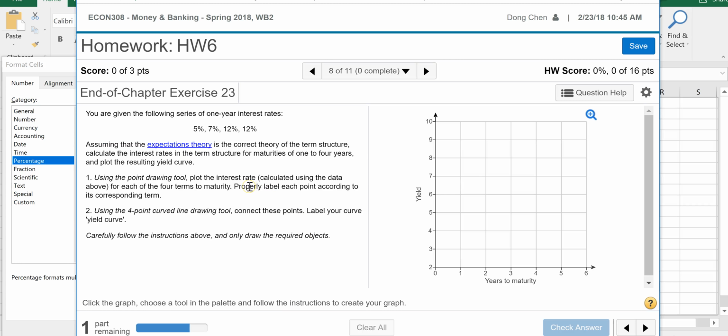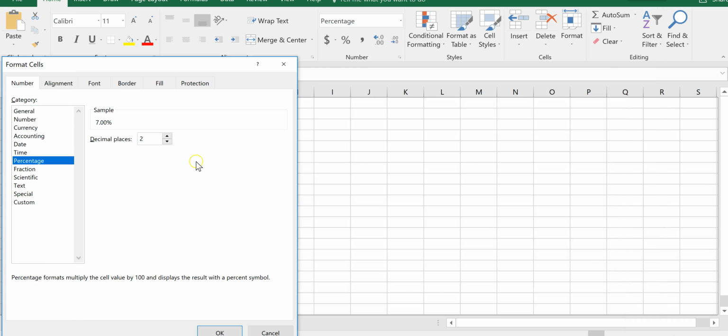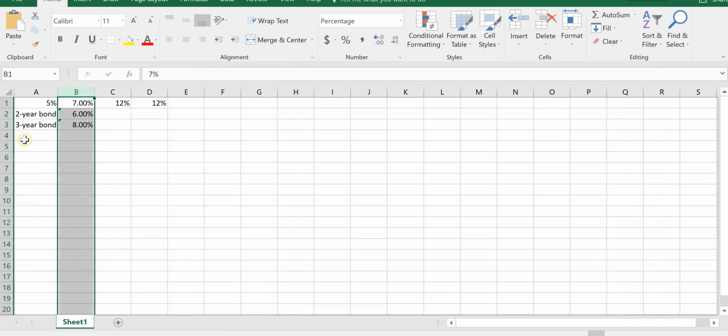Since it's a graphing problem, it doesn't have any rounding requirements, so I just keep 2 decimal places for convenience.